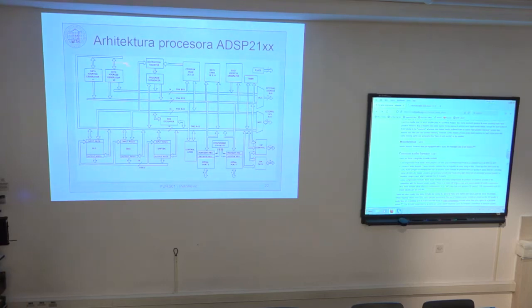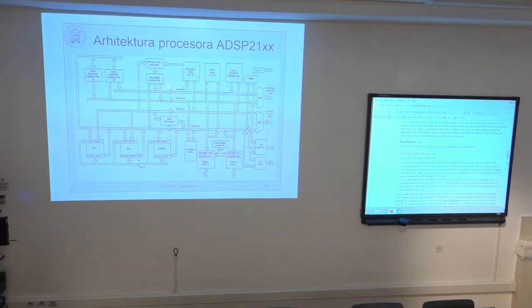And the other address generator, number 2, can be used to either address data memory or to address program memory when I need to fetch data from program memory. Because when I need to fetch the instruction from program memory, then the address comes from the program sequencer. So the program sequencer generates the effective address for instruction fetch, and this comes either from the program counter or from the interrupt controller or whatever.